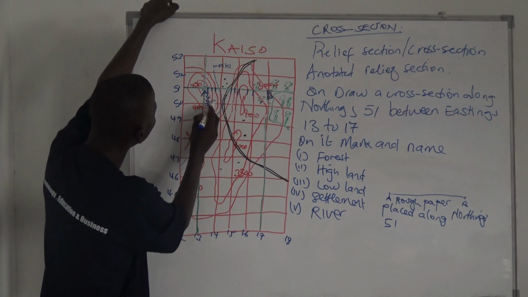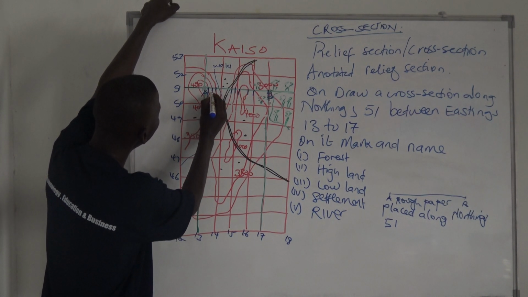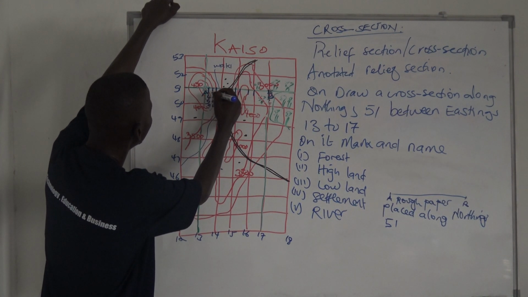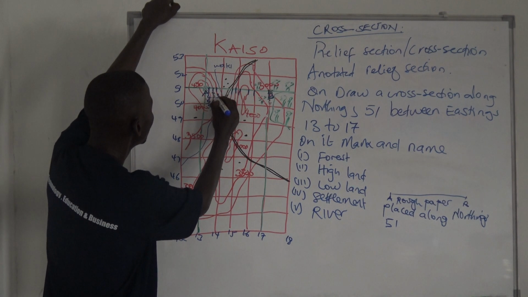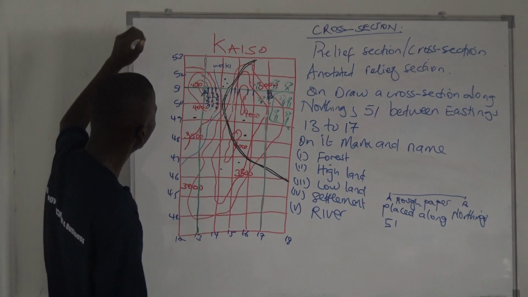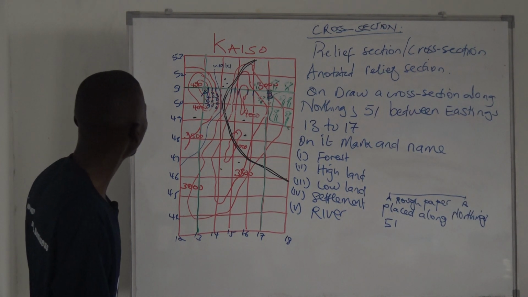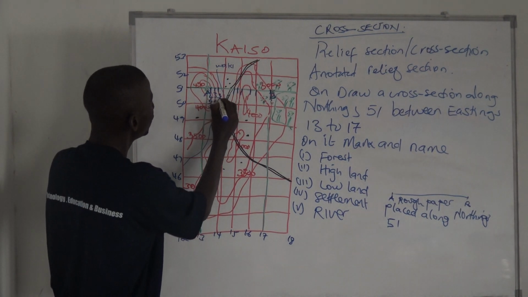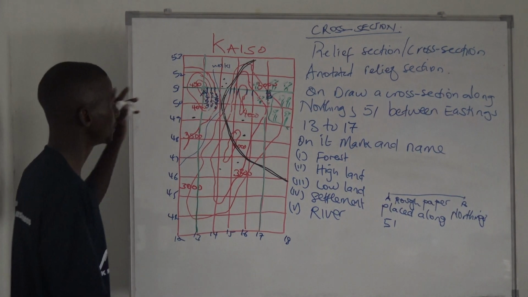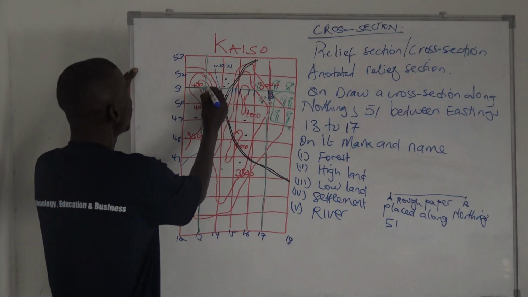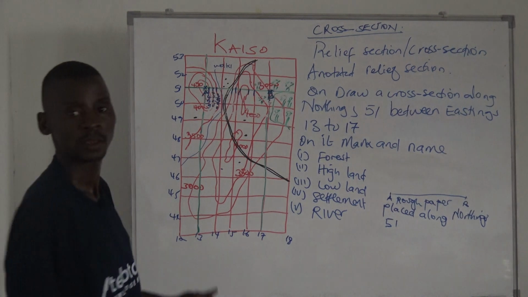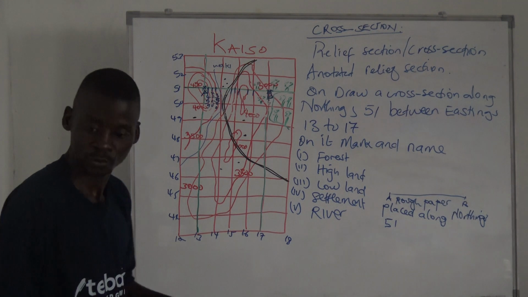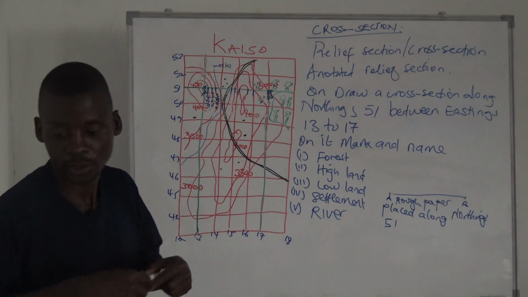You look for it. This one is numbered 4,000. This one is numbered 3,000. This is number 3,500. So mark them from A up to B. Then after marking them, you are going to draw something which looks like this.